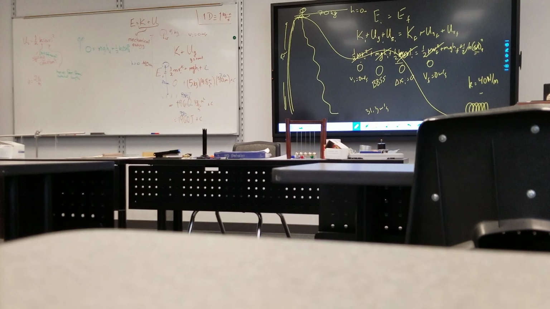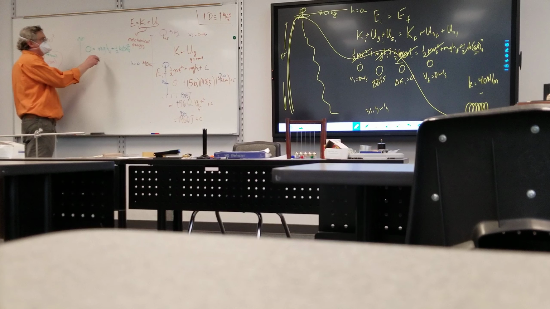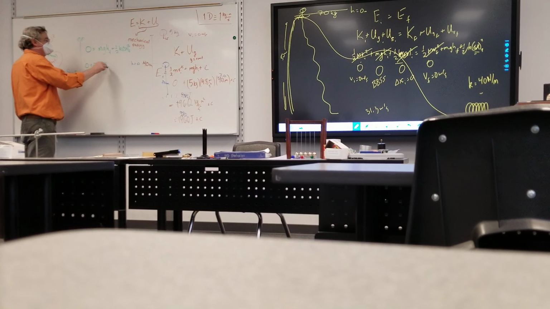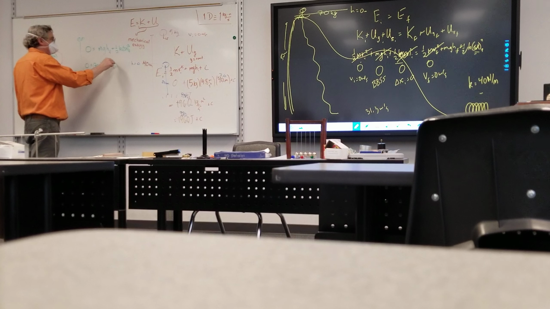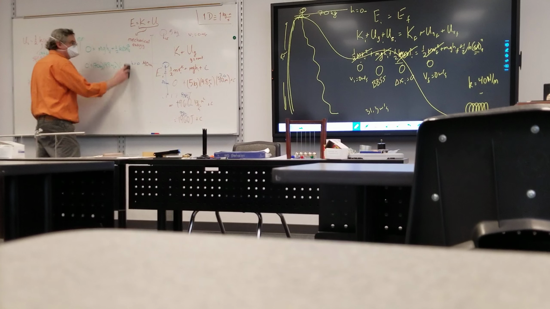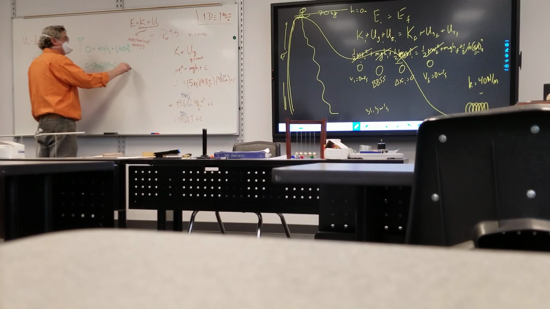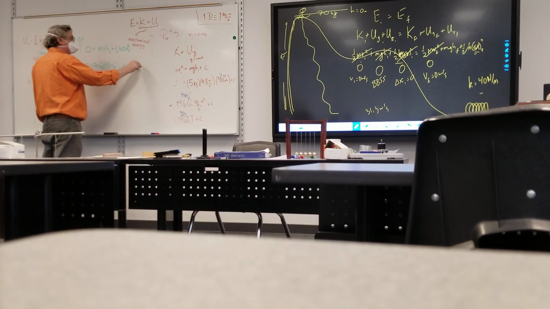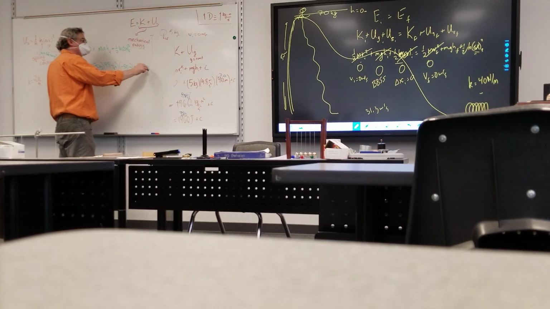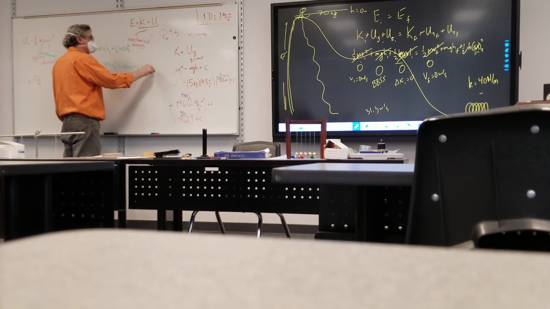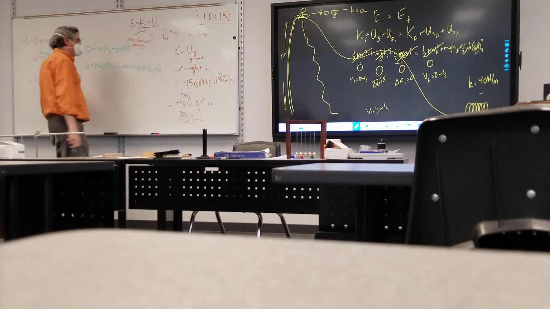Everything else went away. Trying to solve for delta x, we can plug in numbers at this point. His mass is 70 kilograms. G, 9.8 meters per second squared. H, we established is negative 50 meters, plus 1/2 times K, which is 40 newtons per meter, times delta x final squared.